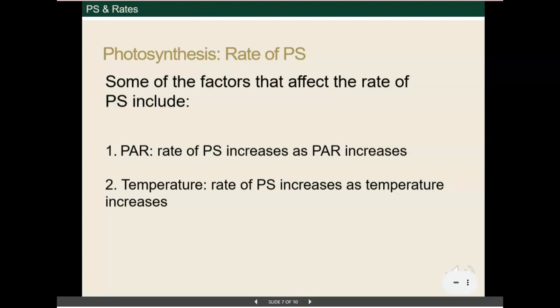The rate of photosynthesis and most other metabolic processes increases as temperature increases, also plateauing and then decreasing as temperature becomes too high. Often, an increase in light intensity, or PAR, results in or is associated with an increase in temperature, so it's not always easy to tell if effects on photosynthesis are due to light intensity or temperature, or a combination of both.